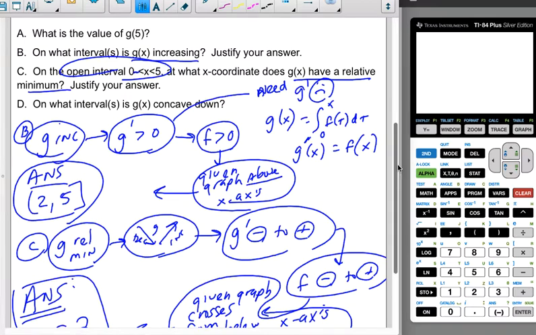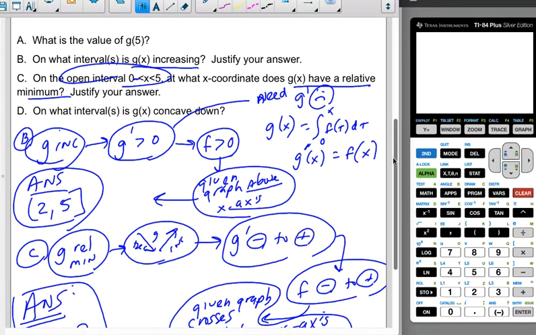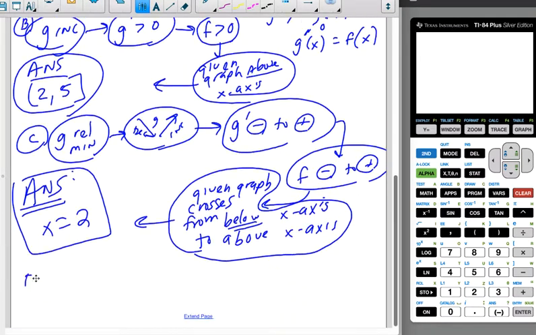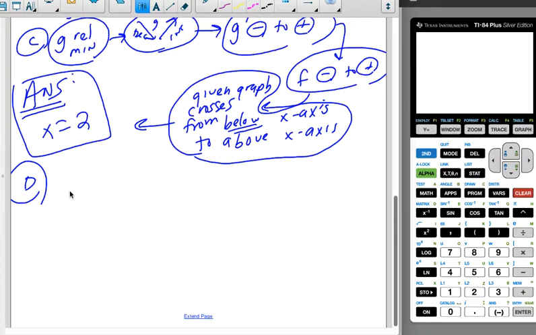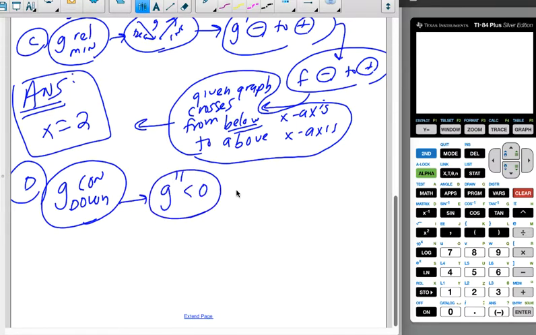And then for D, we want what interval is G of x concave down? Well, remember, it's easiest to say, okay, cool, I know G is concave down is the question I'm being asked. What does that normally mean? Well, that means that G double prime is less than 0, right? But I need a relationship between F and G. So this tells me, ooh, I need G double prime, right?